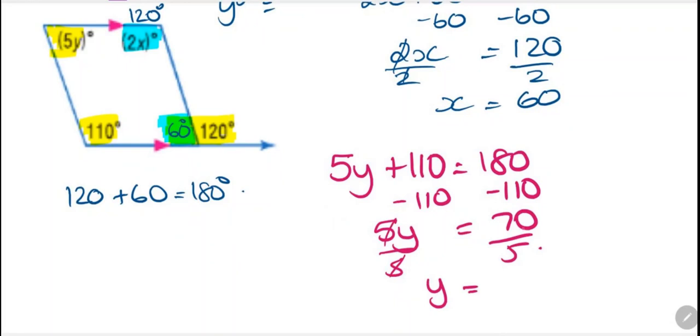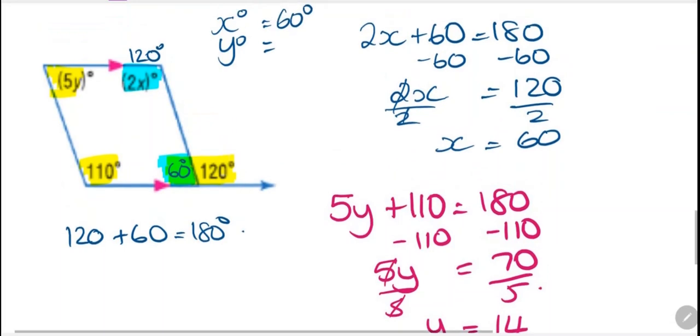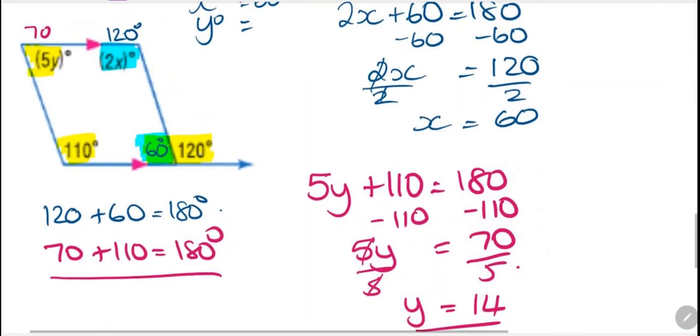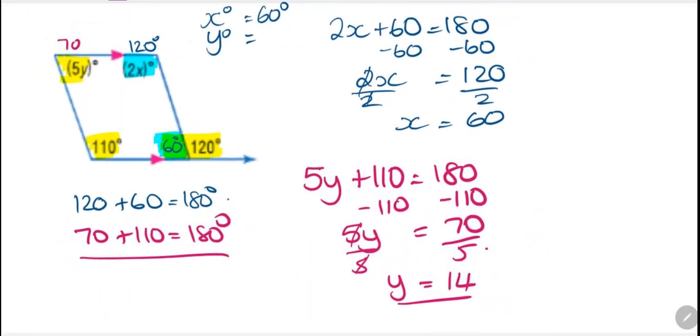And 70 divided by 5 is 14. So 5 times 14 is 70, and 70 plus 110 is 180. So we know that's correct. So our values: x is 60 and y is 14.